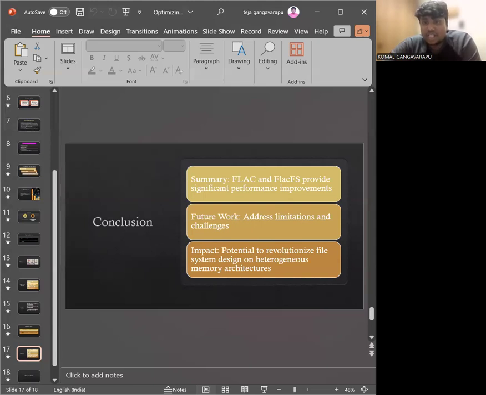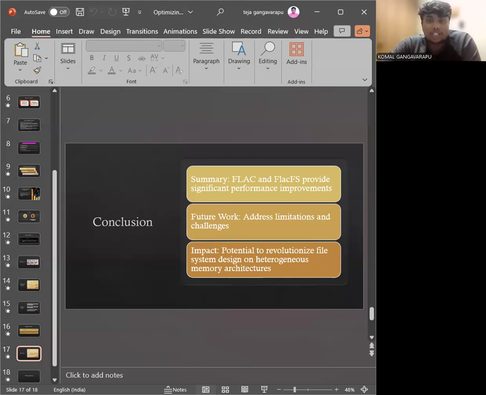By leveraging key innovations such as unified address space, zero copy caching, and parallel optimized cache management techniques, FLAC addresses the critical challenges of integrating DRAM and persistent memory.